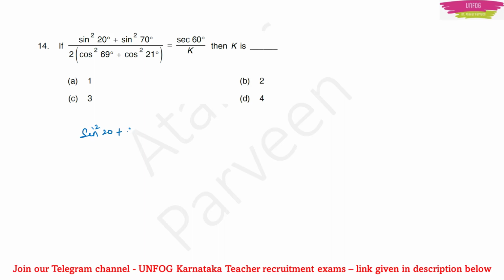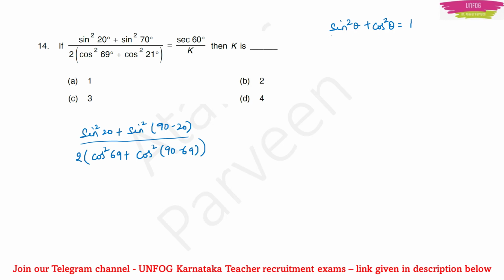In place of sin square 70, I can write sin square of (90 minus 20), upon 2 into cos square 69 plus, I can write cos square of (90 minus 69) here again.